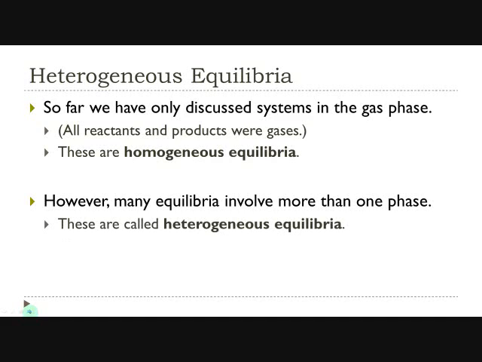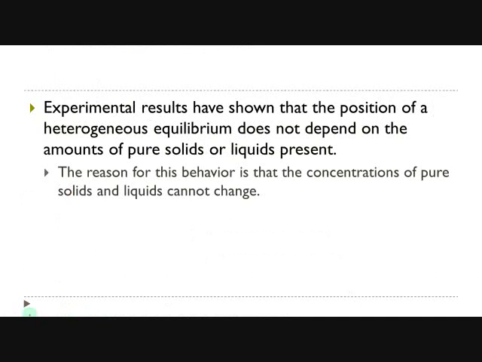But sometimes, often, we have heterogeneous equilibria, meaning that they're not all going to be gases. So if they're not all the same, for example, if we have calcium carbonate solid breaking down into calcium oxide and carbon dioxide gas, anything that doesn't change in concentration does not get included.